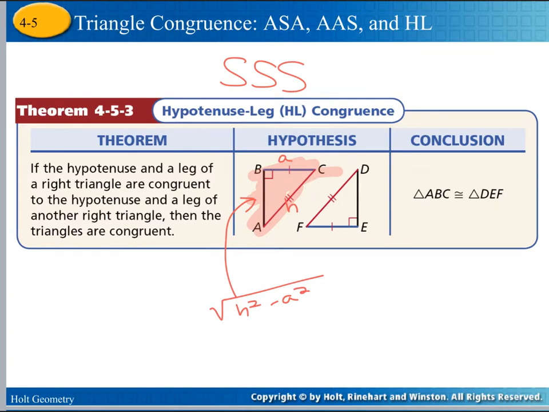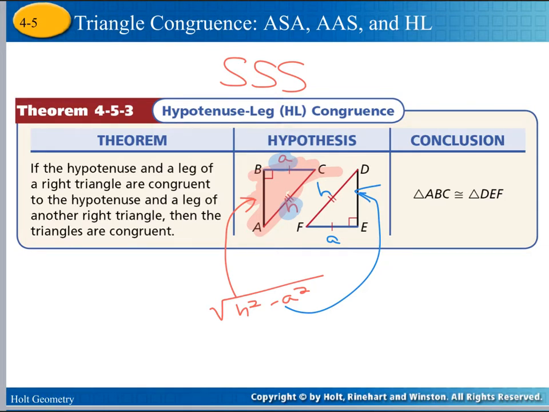And if I know that a side and the h side are also the same lengths that are in this other triangle, so here I have a and h, well, this third side in this triangle, this other leg, is also going to be that same length.